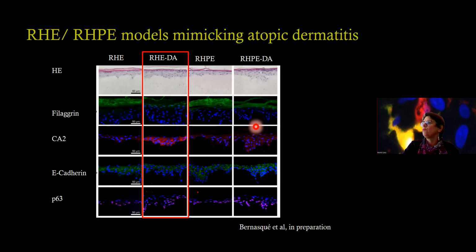I showed you that we need pigmentation to study whitening agents or hyperpigmentary products, or to test photoprotection. But we can see here that when we have melanocytes, in this model of reconstructed human epidermis mimicking atopic dermatitis, the model is less relevant.